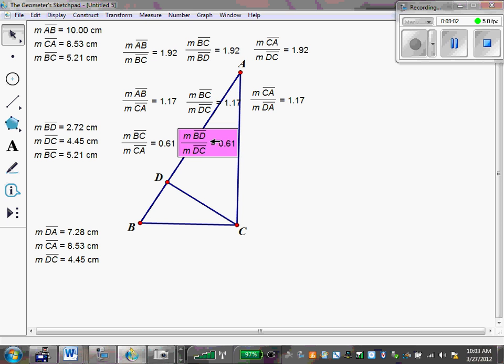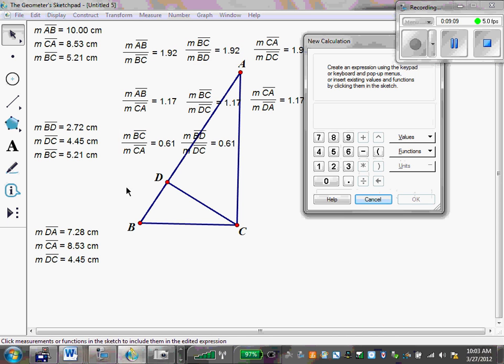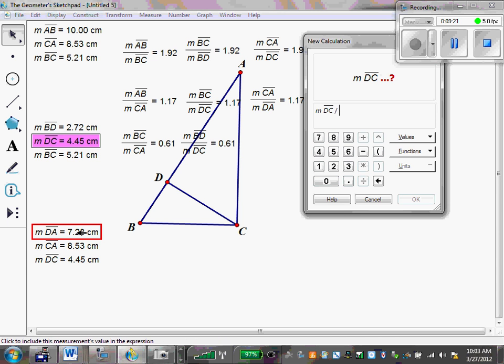Looking good so far. I have one more to do. So this time I want to check the longer leg. I've already done the hypotenuse. So I'm going to say DC and divide it by DA.